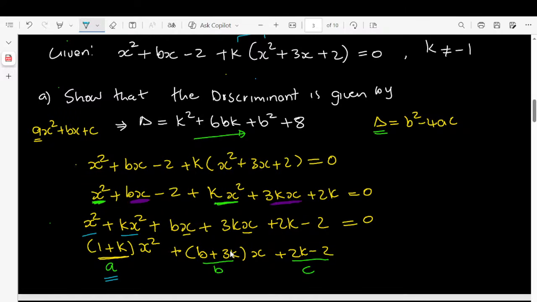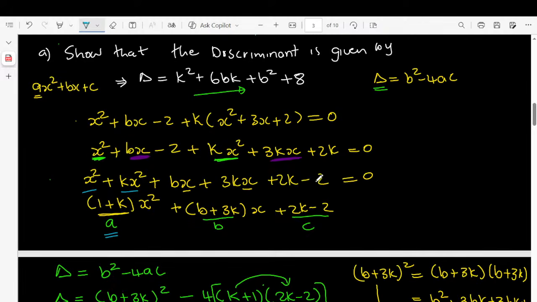So that's why we are doing this example. We are doing this example to train you how to arrange the equation to be in the form of a quadratic equation. So when you understand that one, I need you to know that the coefficient of x squared is the value of a. I hope everything makes sense now.